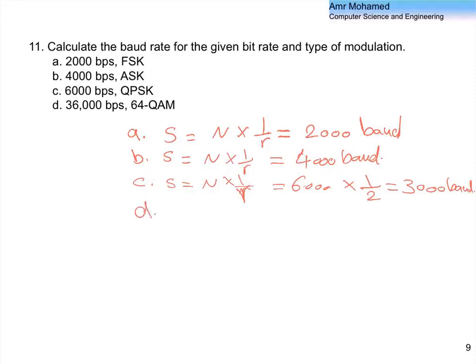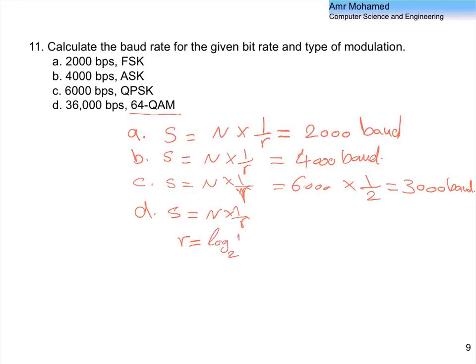For D, S equals N times 1 over r, and that's for 64 QAM. Remember, r equals log 2 of L, the number of signal levels.